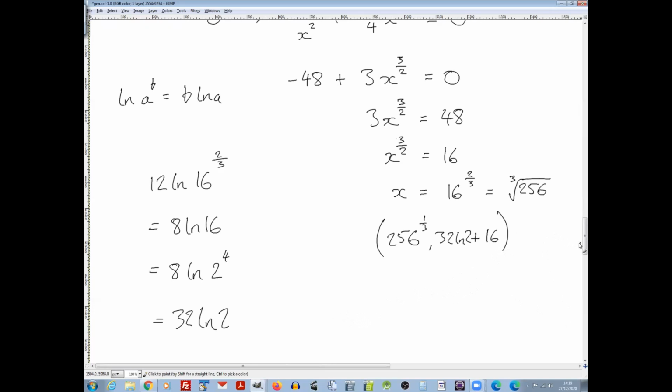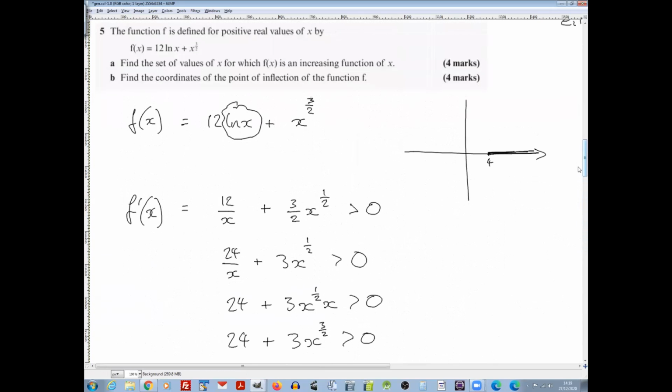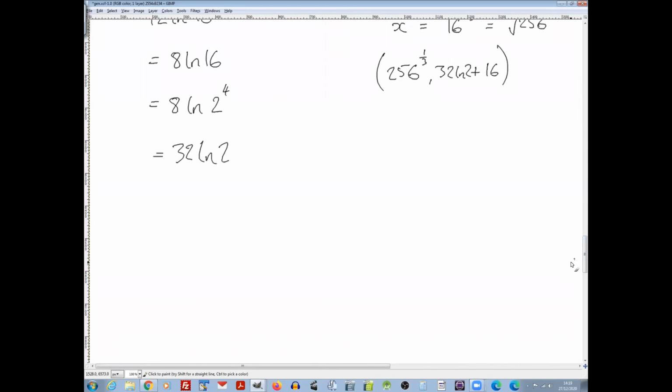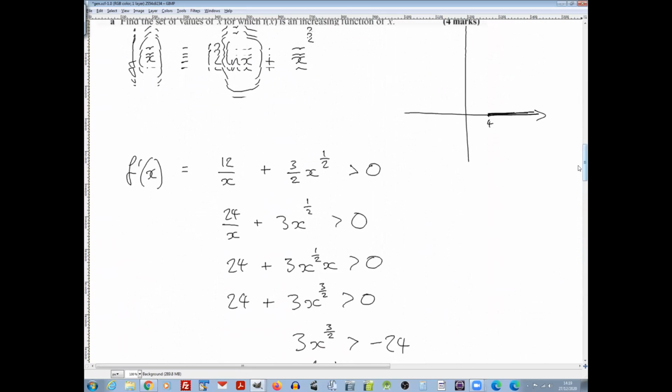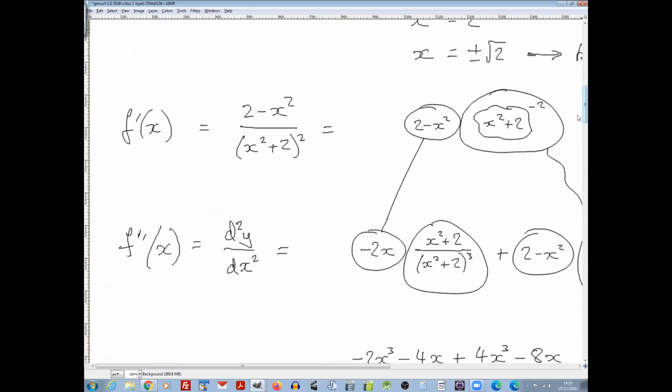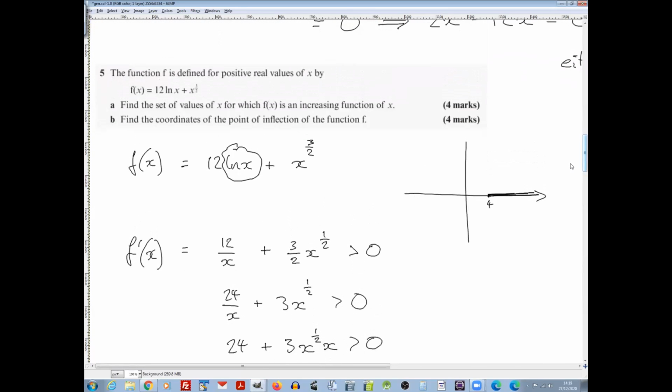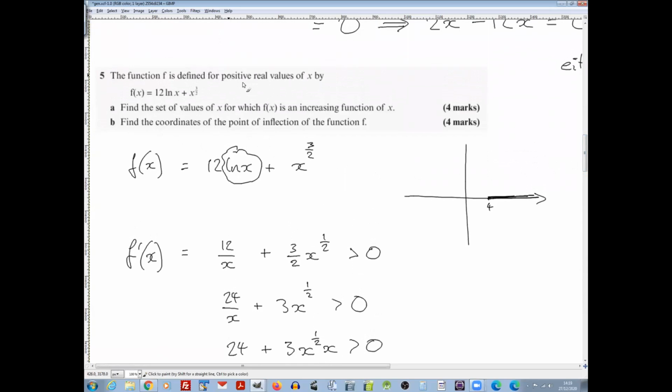Right. Good. They were good questions. Well, they're more good examples of, oh, that one wasn't product rule or chain rule, was it? It was just more of the theory of differentiation and why we're using it.